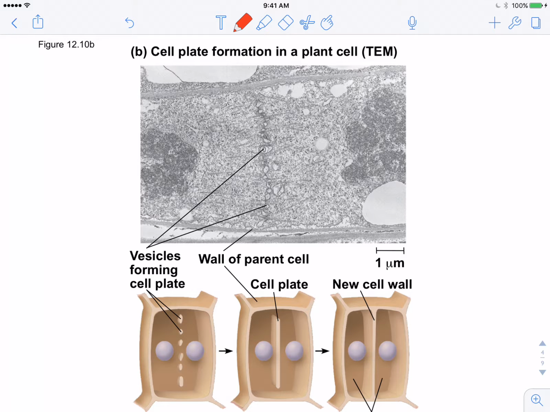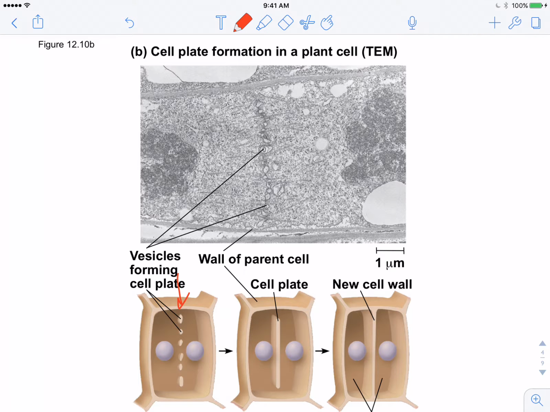In plants, cytokinesis is a little bit different because it can't squeeze because of the cell wall. So at the equator of the cell, between the daughter nuclei, vesicles will gather and they contain materials that will form something called the cell plate. They are basically chunks of cellulose that are going to form a new cell wall.